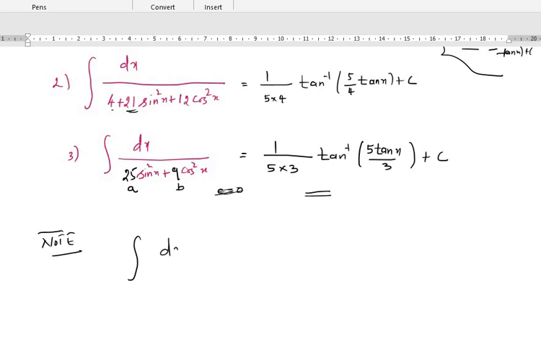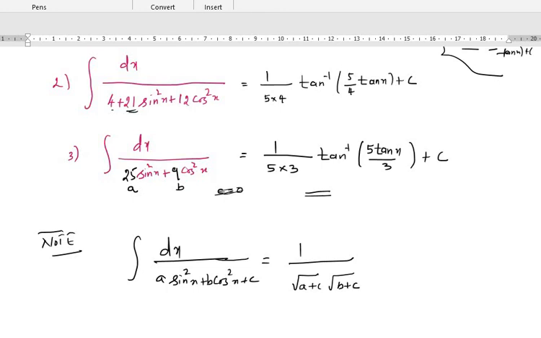Integral dx by a sine square x plus b cos square x plus c. If I have it like this, I can write this as 1 by root of a plus c into root of b plus c into tan inverse of root of a plus c by root of b plus c into tan x plus c, the constant of integration.